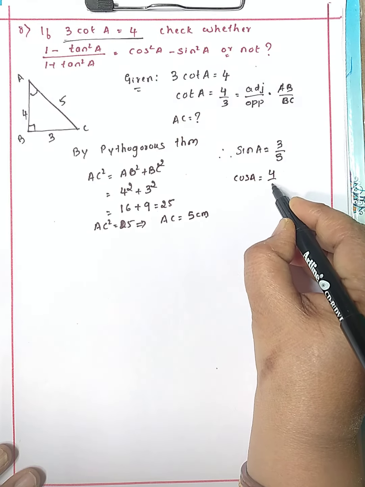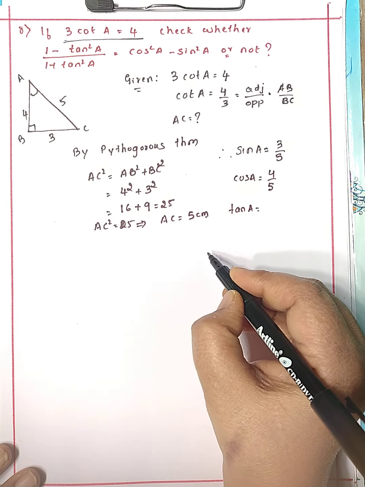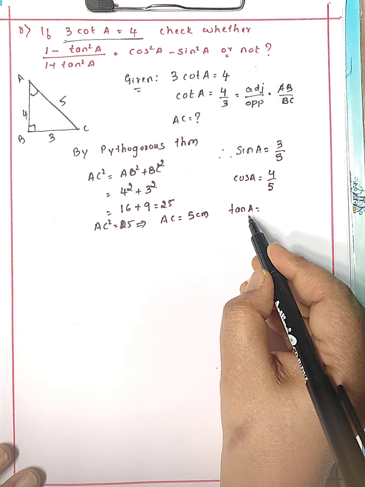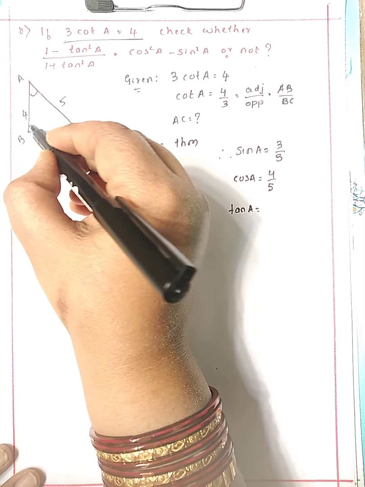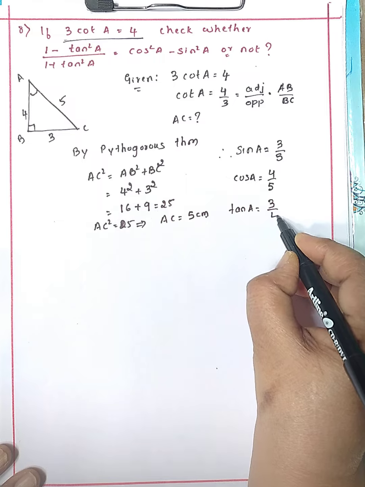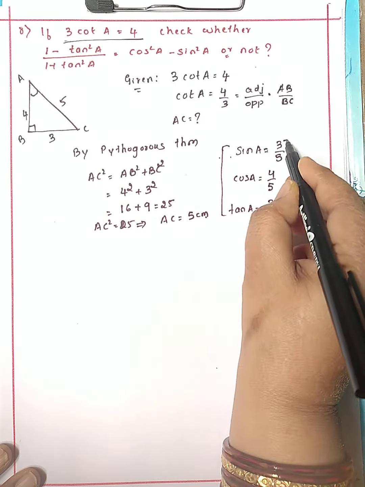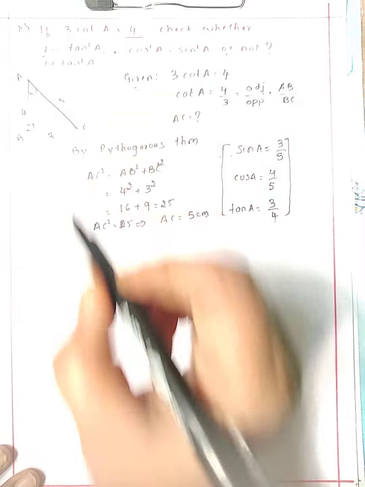That is 4 by 5. And tan A. Tan A is opposite by adjacent. 3 by 4. So by using these three ratios, we will check this one.